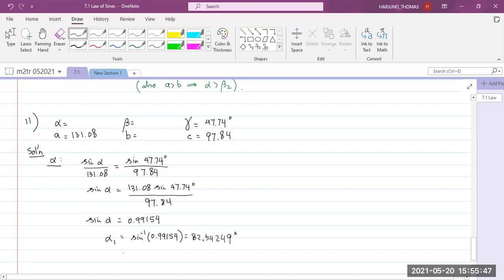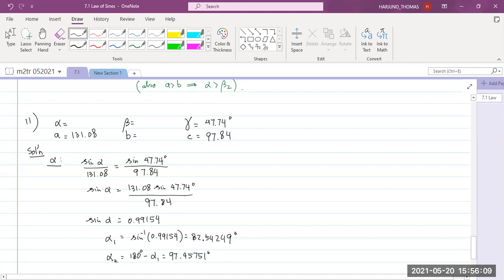That's 82.54249 degrees. And then the angle in quadrant 2 must be the supplement of that. That's 97.45751 degrees.